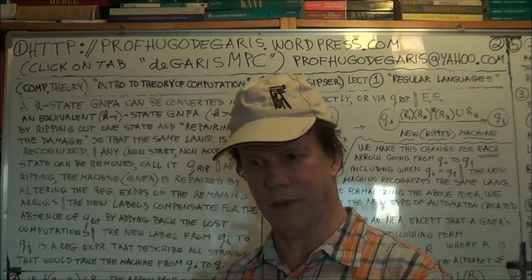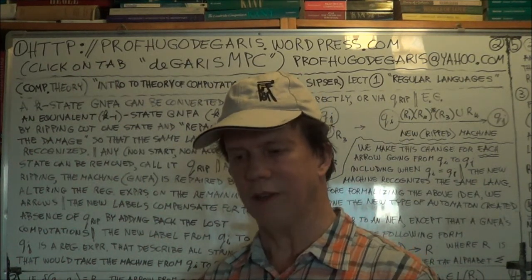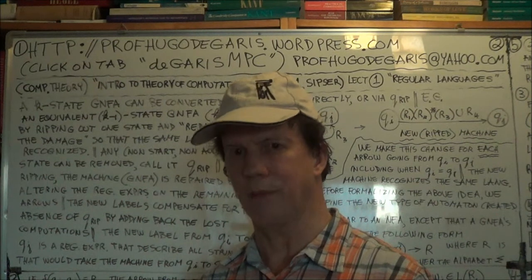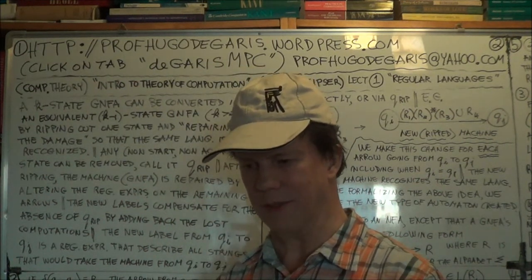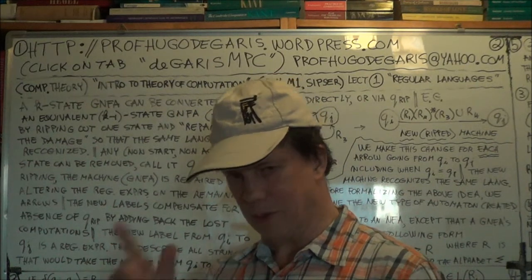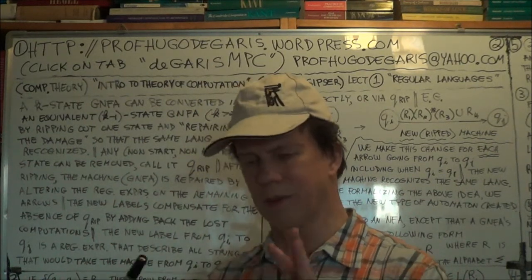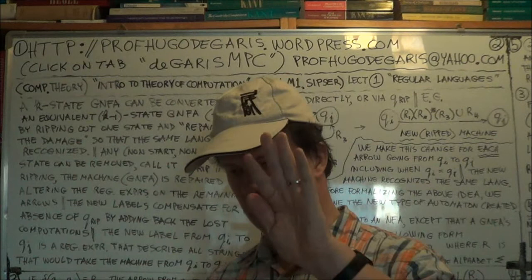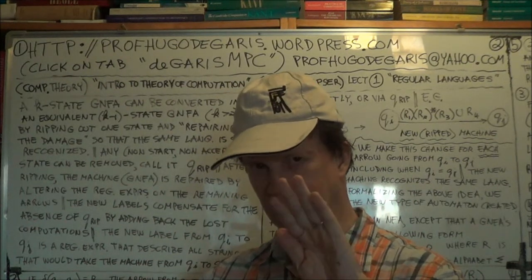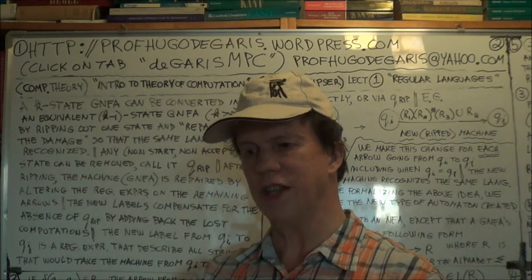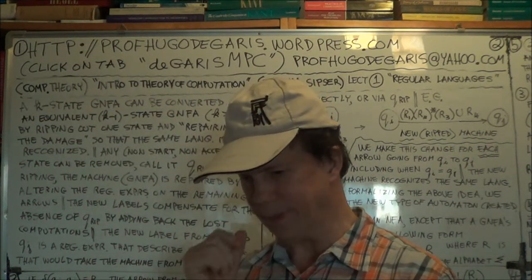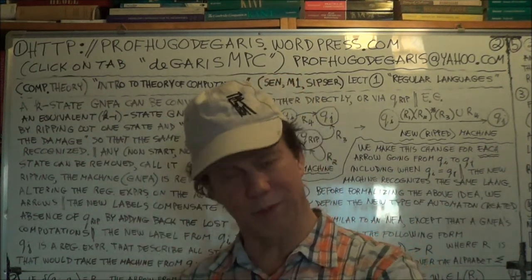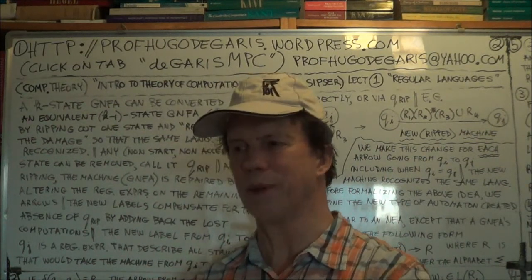So now this GNFA will have k plus 2 states. And we had made other various modifications. There's quite a list. Okay, so trying to get the big picture: we convert a DFA into a GNFA, and here we're almost up to where we were at the end of the previous board.